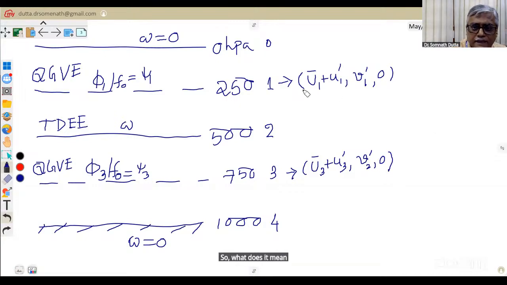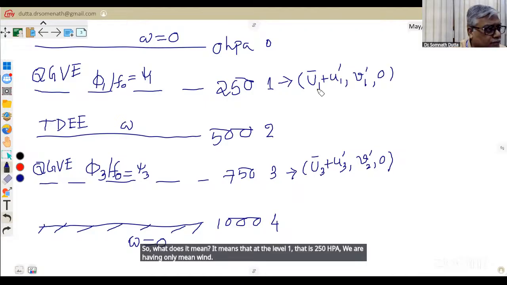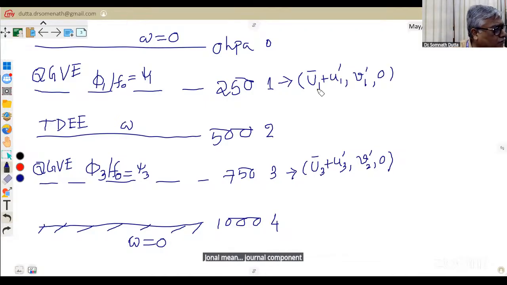It means that at level 1, that is 250 hPa, we have only the mean wind, zonal component, no meridional component, no vertical component in the mean. But in the perturbation, we have a zonal component U1 prime, a meridional component V1 prime, and no vertical component. Similarly here.